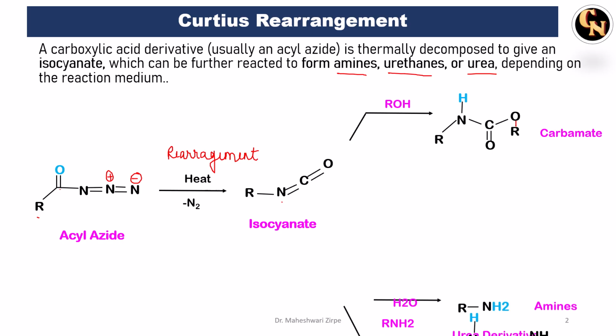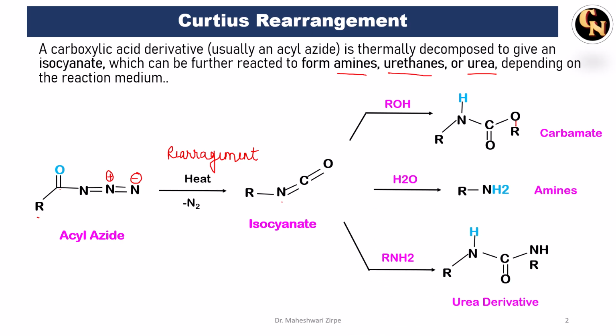Next, when the isocyanate reacts with water, it simply converts into an amine. Carbon dioxide is removed and RNH2 is formed. So there is elimination of carbon dioxide gas, and there is formation of an amine group. We can even write minus CO2 here.